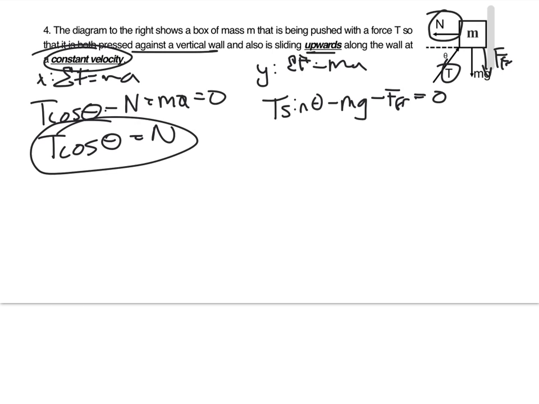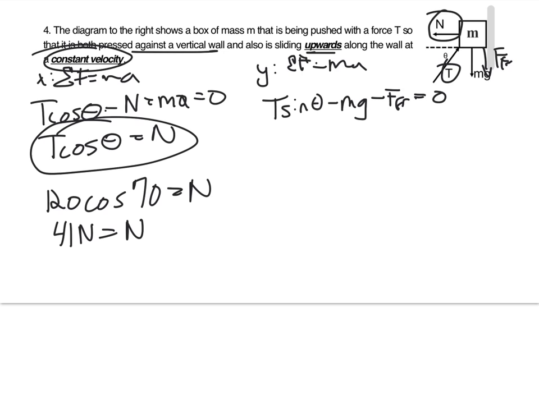T of 120 times the cosine of 70 degrees is going to be my normal force. 120 times the cosine of 70 is 41.04, so I'll just call it 41 newtons is my normal force.